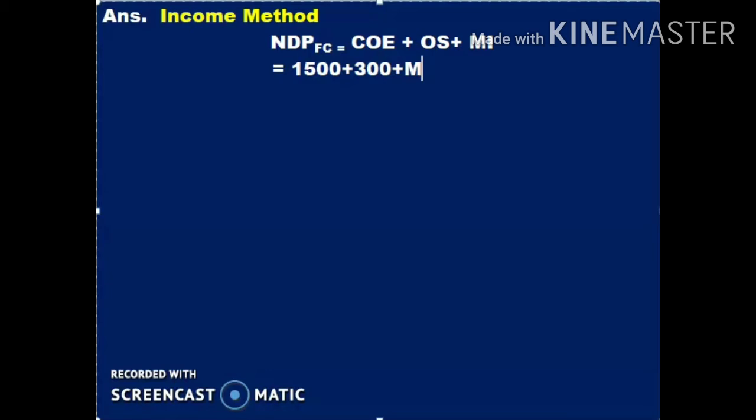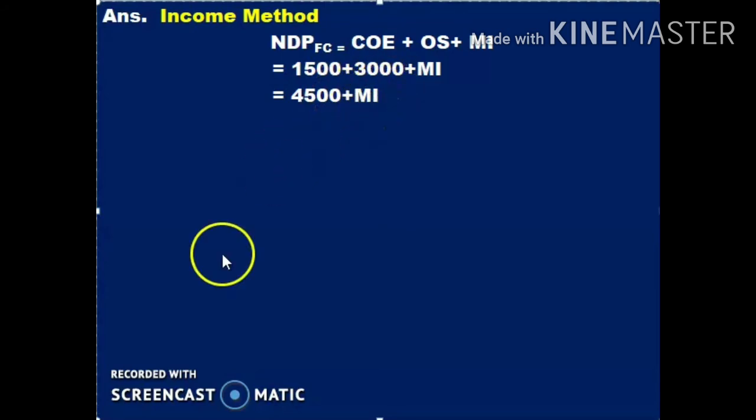You put it like that only. Then you add these two and write MI like that. How much will be the answer? 4500 is the answer.